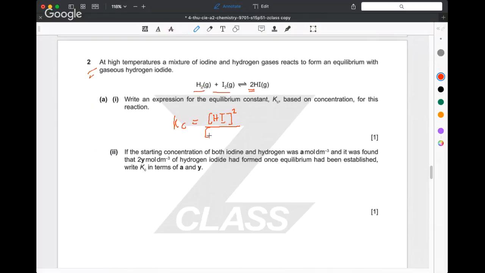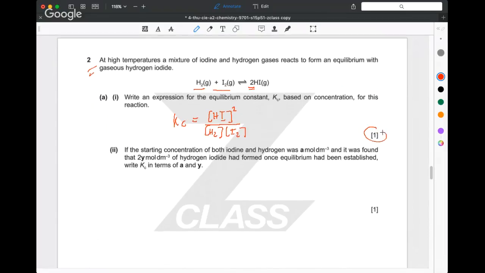You've got the concentration of hydrogen. The stoichiometric coefficient is 1, so the index is 1. And then you've got the concentration of iodine. Again, the stoichiometric coefficient is 1, the index is 1. And I reckon that's a pretty easy mark that you get there for doing the equilibrium constant based on concentration.